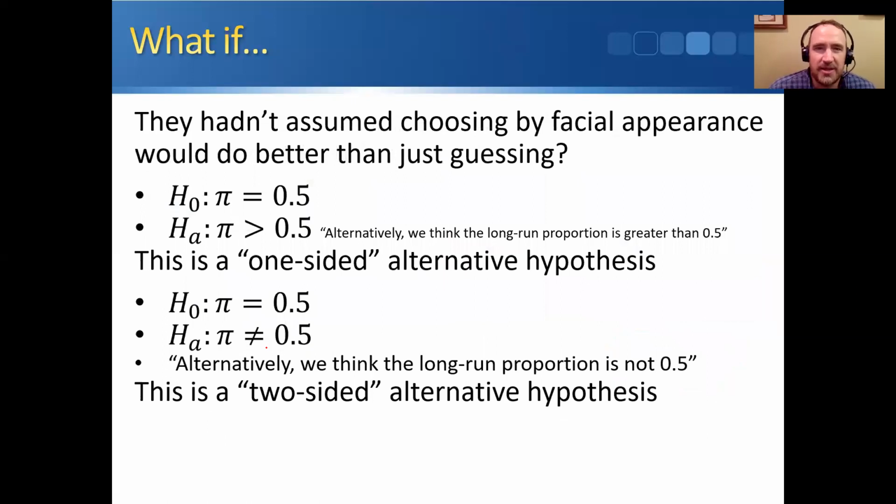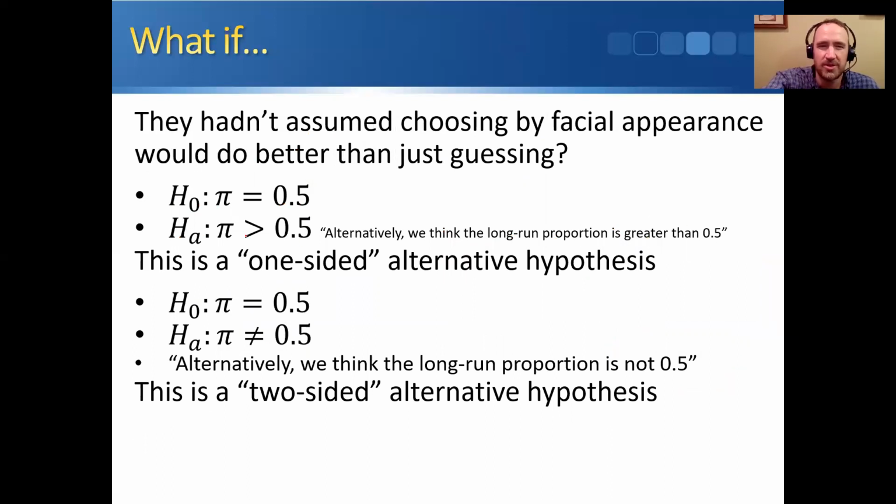And here's another idea to contemplate. What if they hadn't just assumed choosing by facial appearance would do better than just guessing? So at the beginning of the study, they set up two hypotheses: null hypothesis, just guessing, 50-50 chance. But their alternate said, we think the long run proportion is greater than 50%.